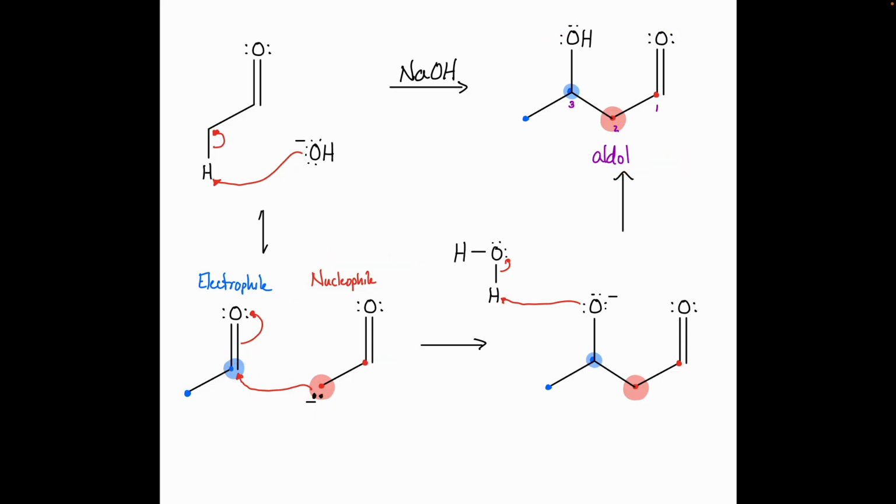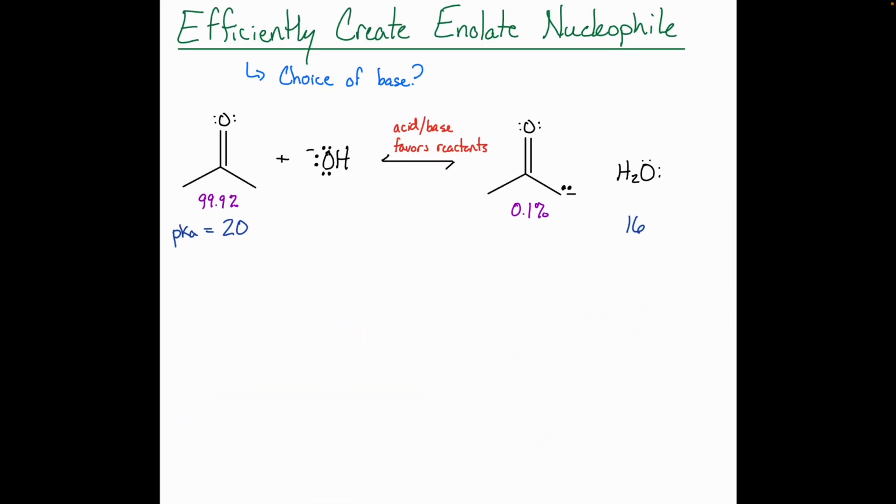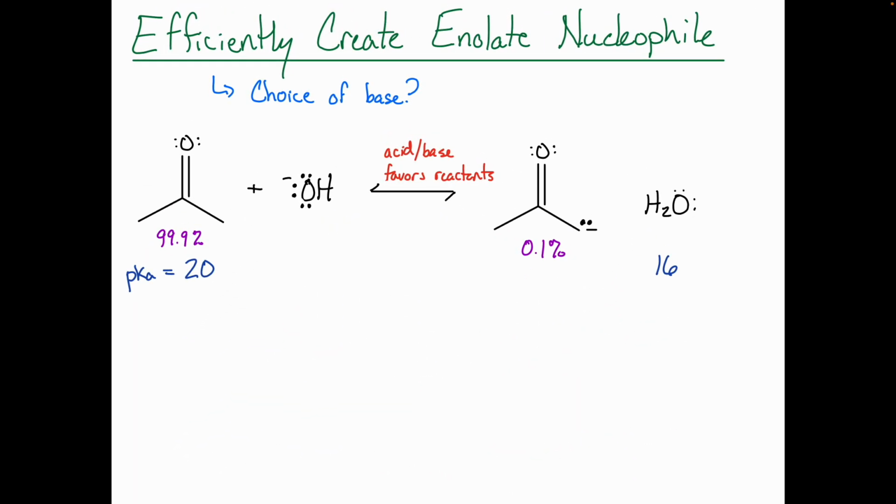So this reaction might not be the fastest thing in the world, but I don't need that first step to be all that efficient in order to create a nucleophile and then quickly get trapped over here in these irreversible steps. But if I'm trying to do one of these mixed reactions here, this is not going to work. This is not going to be an efficient way for creating these enolate ions.